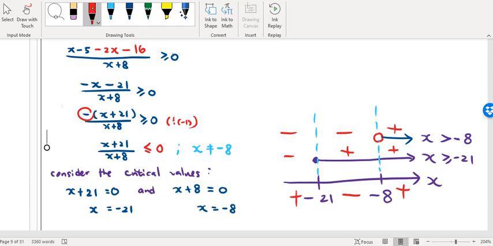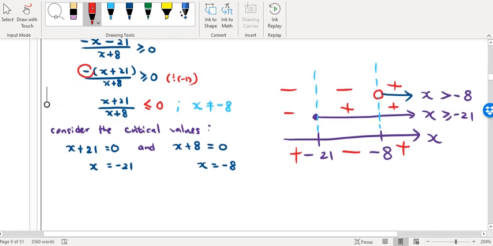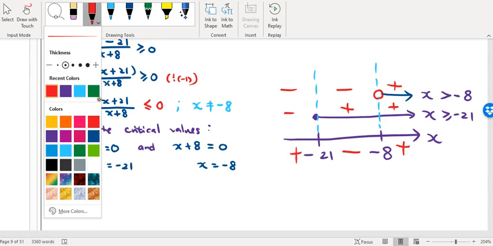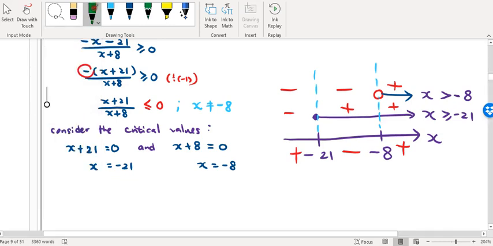Now what will be our final answer then? Listen carefully. Our final answer will be based on the symbol before you consider your critical values. That is this part, just circle. So this is what? Less than or equal, means negative, right?